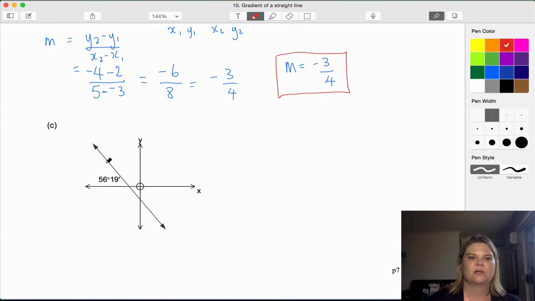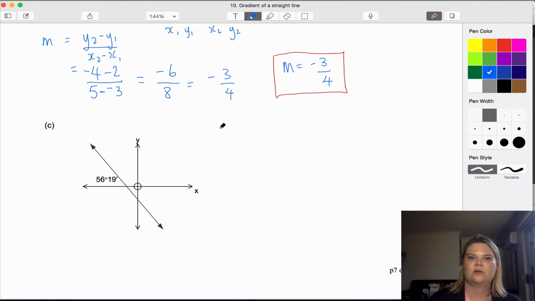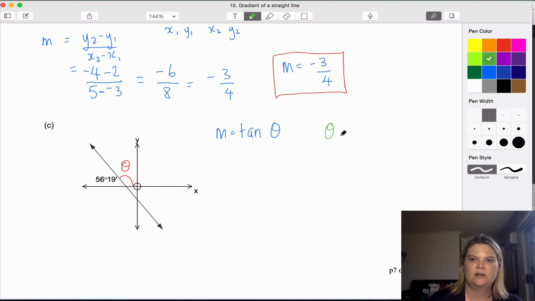Okay, let's have a look at this one. So we're going to use the formula m equals tan theta. And theta is this angle with the positive x direction. So I'm going to put over here some extra working. Theta will equal 180 take away 56 degrees and 19 minutes.